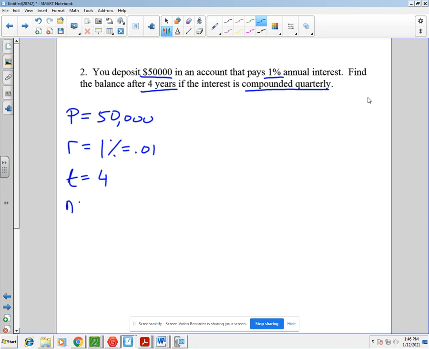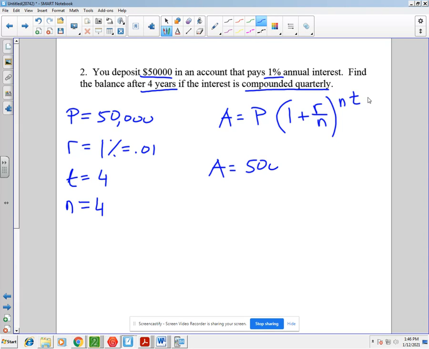So N is equal to 4. Okay, now let's substitute all the numbers into the formula. So the formula is A is equal to P, the principal, times 1 plus R over N, and everything raised to the N times T power.